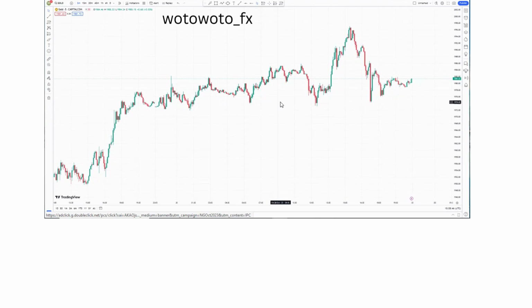So, about support and resistance, there are actually two types of support and resistance. First, we have the horizontal level of support and resistance.